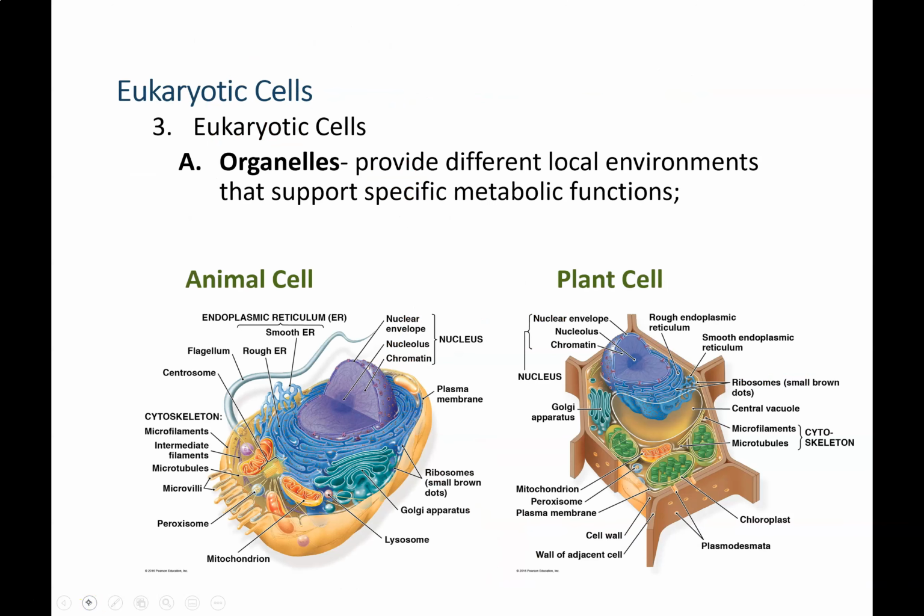The other type of cell is the eukaryotic cell. So eukaryotic cells are generally multicellular or part of multicellular organisms. And this can mean an organism has just a few, or it can mean it has millions of cells.